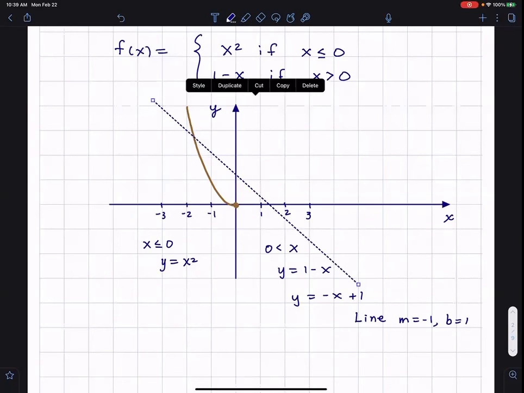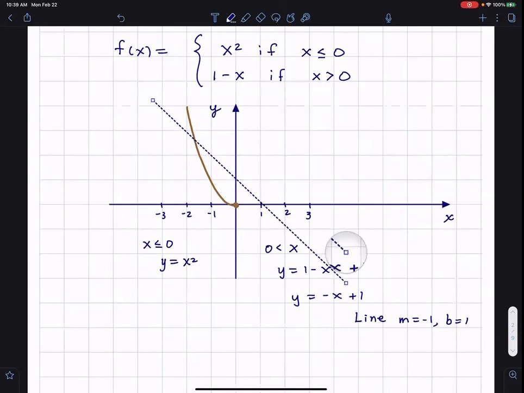I feel like maybe this program makes me a little lazy on this, but anyway, okay. So here's a line. However, I only want to color in the part greater than 0, and I don't want to include 0.